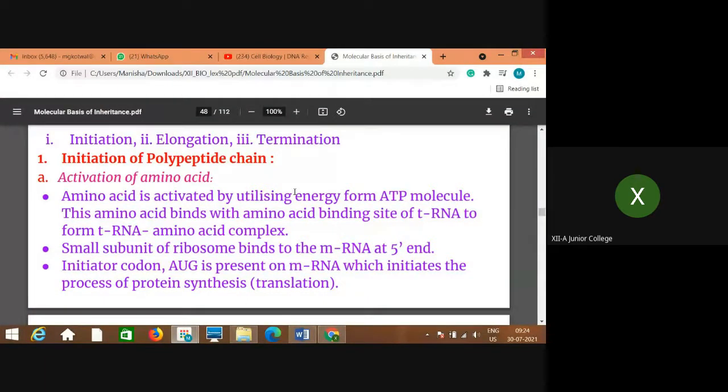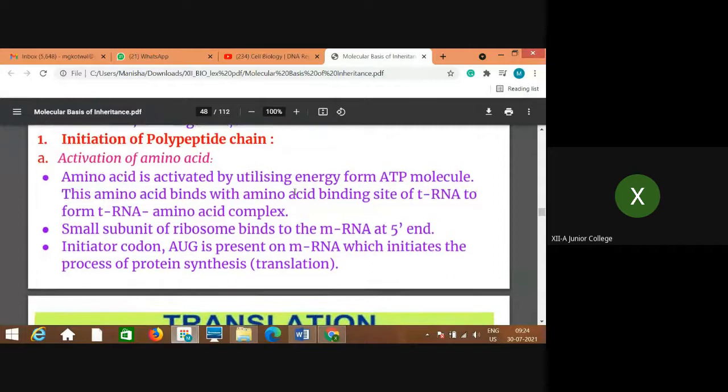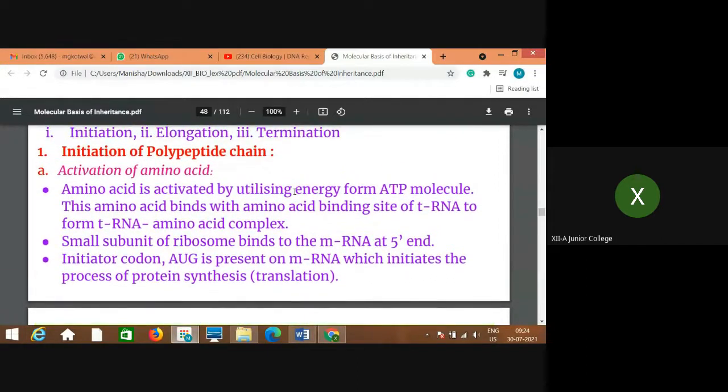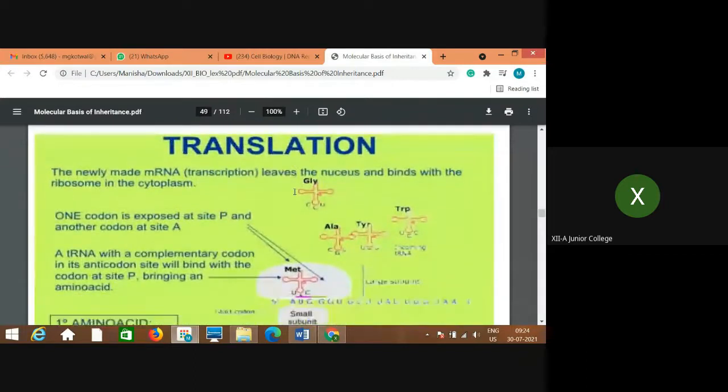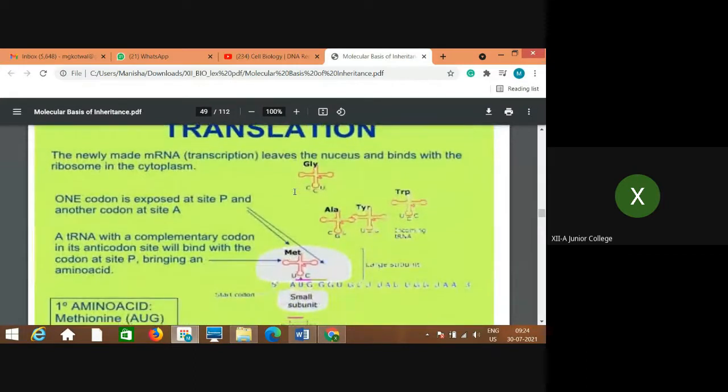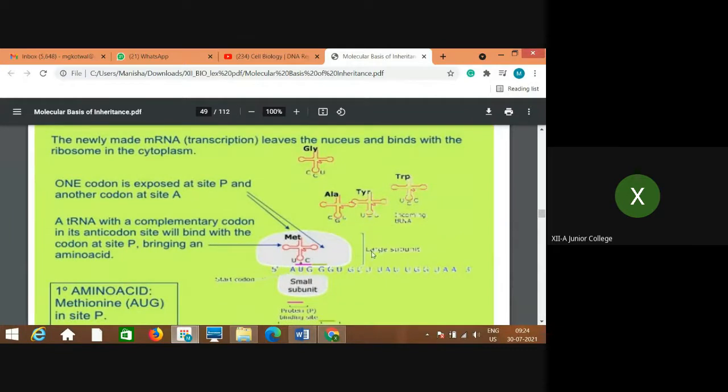The small subunit of the ribosome binds to mRNA at the 5' end. The initiator codon AUG is present on mRNA, which initiates the process of protein synthesis. Now see how this translation occurs. In this diagram, you can see this is mRNA. It's a little bit faint, but you can see all the nucleotides present in sequence.